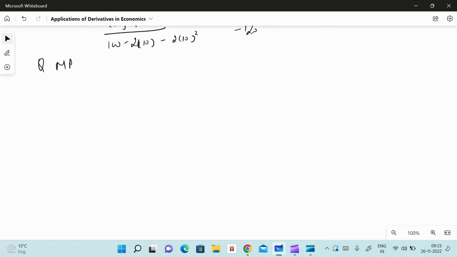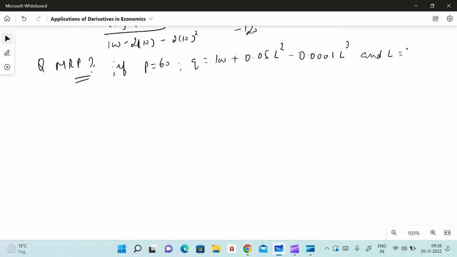Let's take one more example to cover the concept. In this question, we have to calculate the marginal revenue product, which is equal to marginal revenue. We have to calculate this if the value of P is 60, Q is equal to 100 plus 0.05 L square minus 0.0001 L cube, and the value of L is equal to 300.